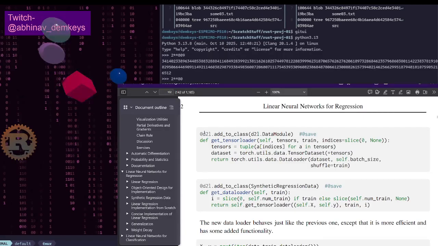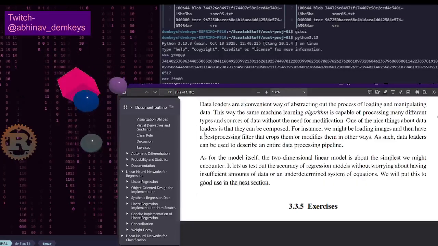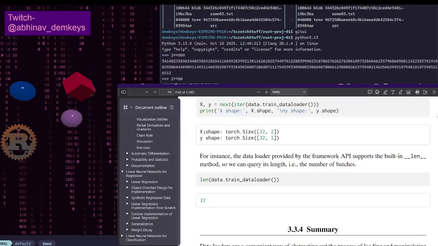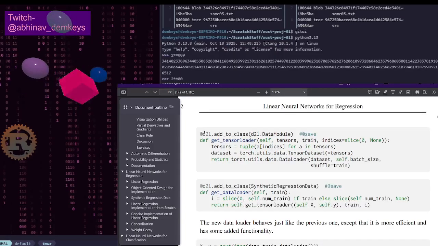Concise implementation of a data loader. Okay, all right. You know what? I think I might need to go through this for at least a little bit because I do remember having doubts about how this works, how that works, how things are working on the lower level here and there.